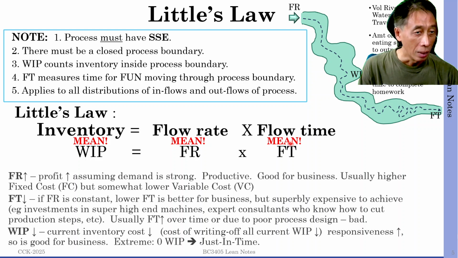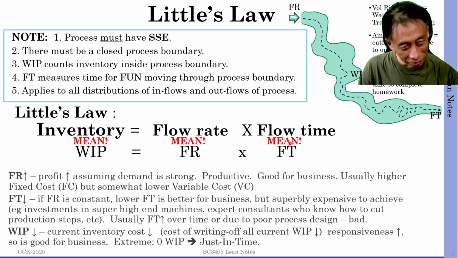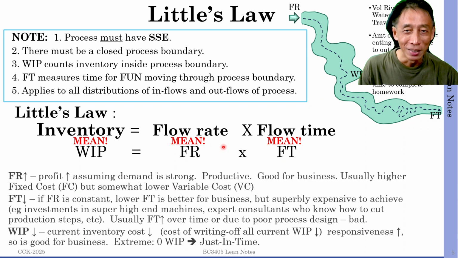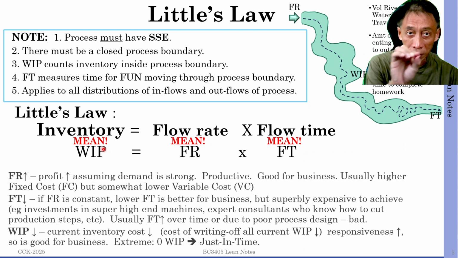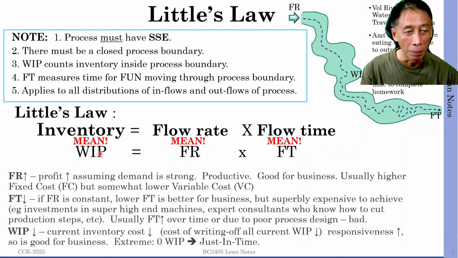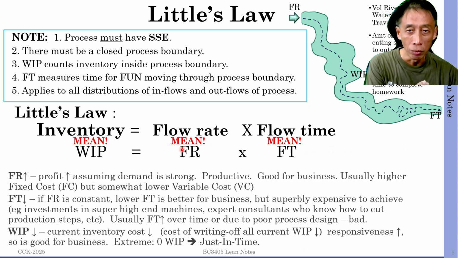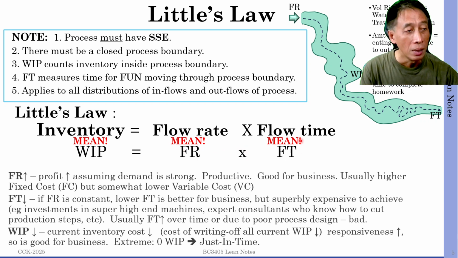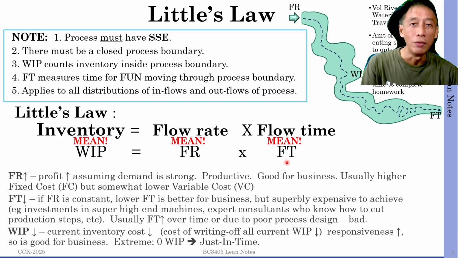In a very simple equation form, Little's law expresses the count, the WIP, the 1, 2, 3, 4, 5 items on the conveyor belt, work in progress, the inventory, as the product of the speed of flow units flowing through, how fast or how slow it is, times the time required to go from entrance to exit of the process.